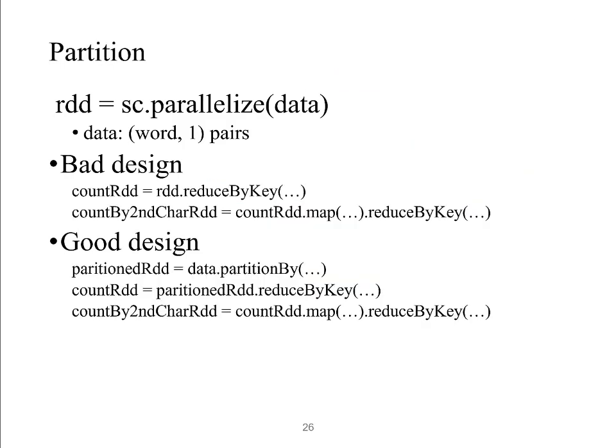As one last example today, let's look at how partitioning can help improve the efficiency of MapReduce tasks in Spark. We still do a word count kind of task, with the additional condition that we group the words based on the second character.